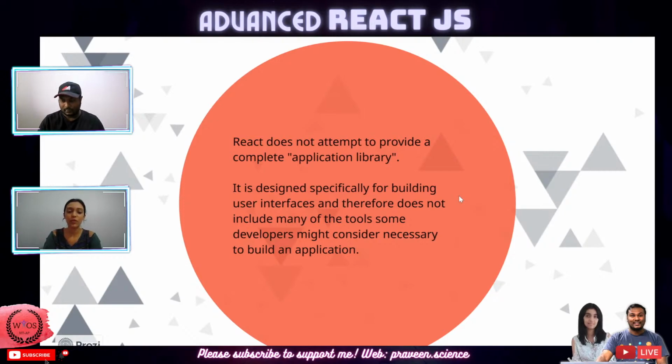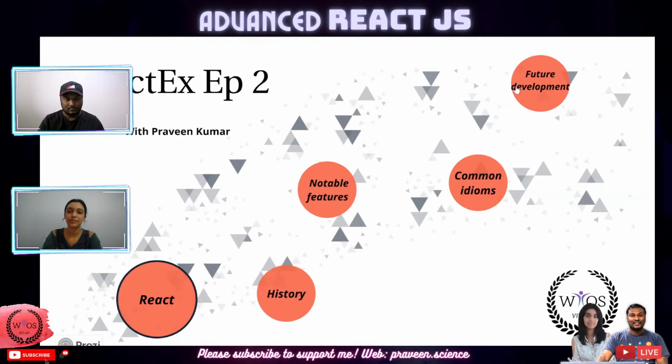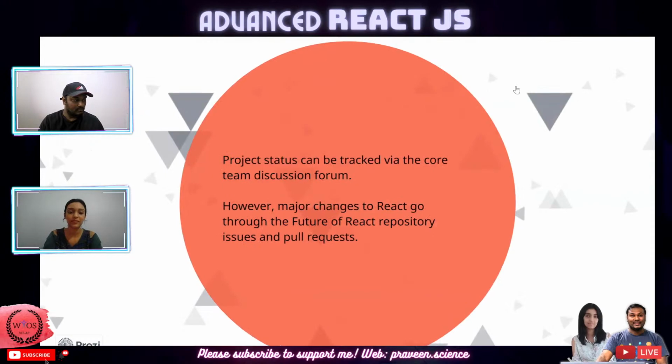Common platforms for usage have emerged as the library matures. The project status can be tracked via the core team discussion forum. However, major changes to React go through the future of React repository issues and pull requests. This enables the React community to provide feedback on new potential features, experimental APIs, and JavaScript syntax improvements.